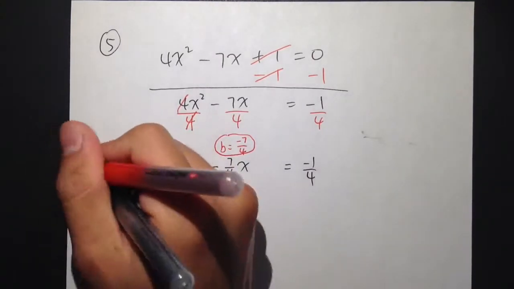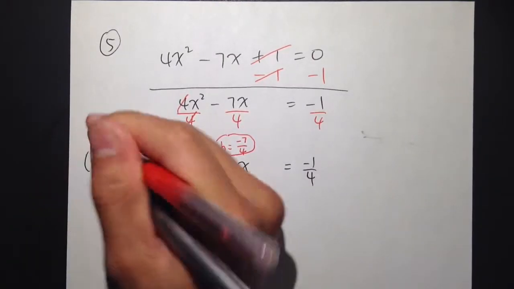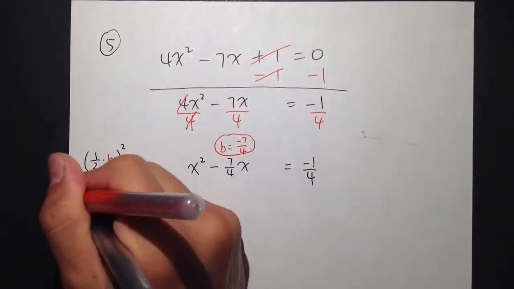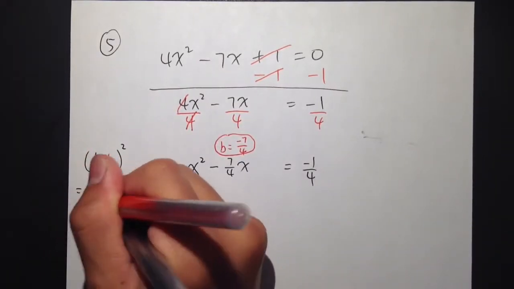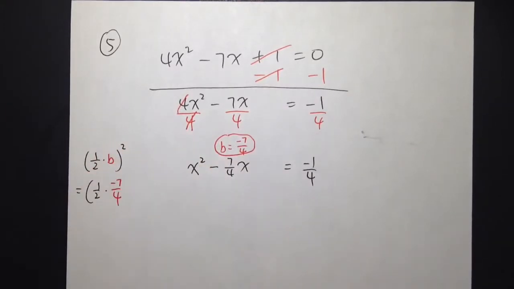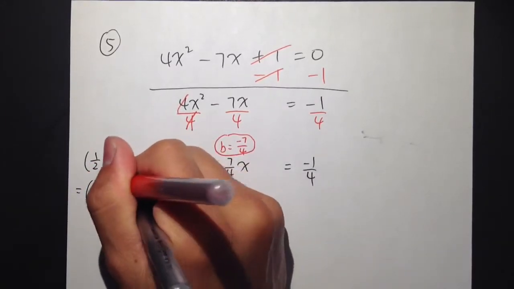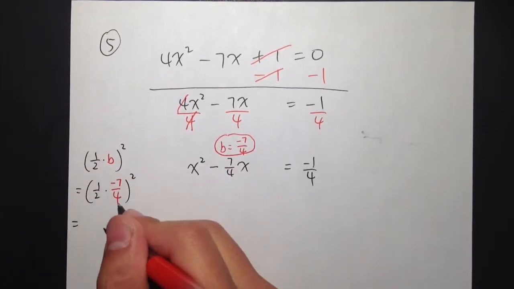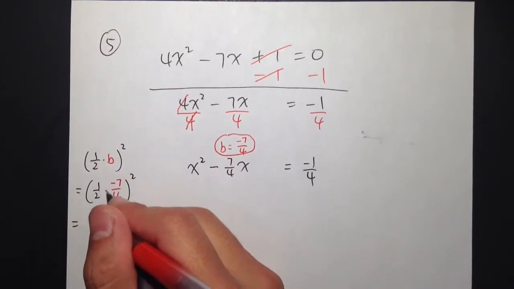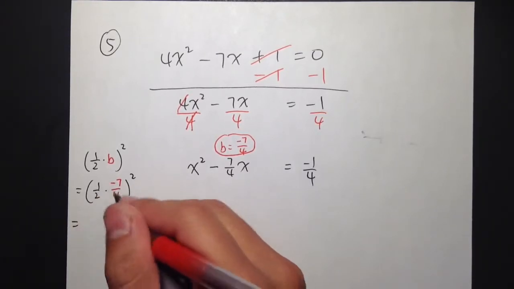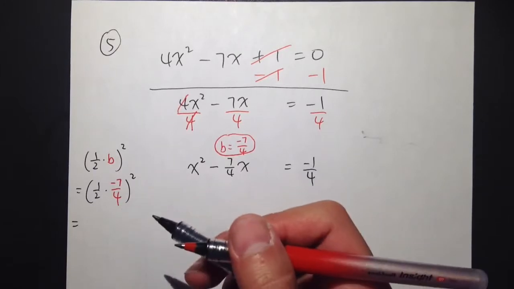So then I will go to the side. I will figure out what's 1/2 times b raised to the second power. And this is just 1/2 times b, which is -7 over 4, and I have to raise that to the second power. Inside here, I'm multiplying fractions. 1/2 times -7 over 4. Make sure to check if we can reduce anything first.